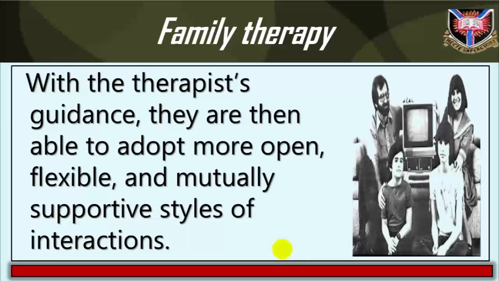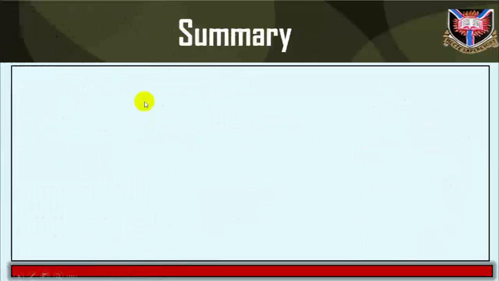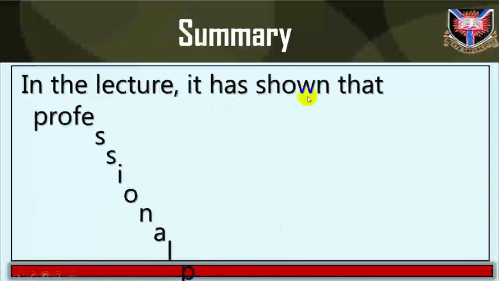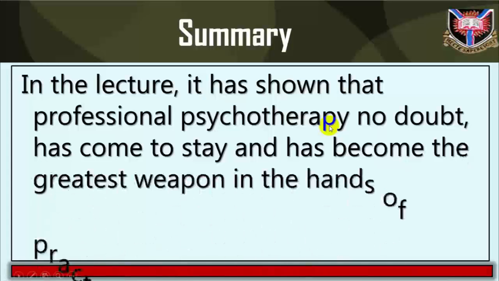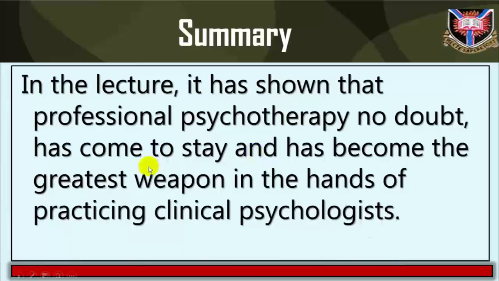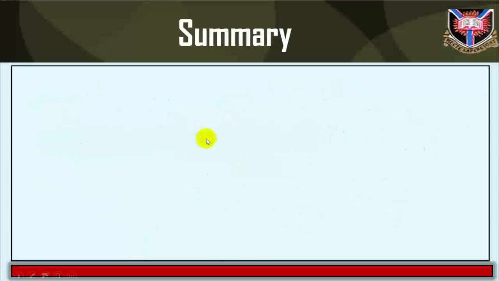Summary. In this lecture, it has been shown that professional psychotherapy, no doubt, has come to stay and has become the greatest weapon in the hands of practicing clinical psychologists.